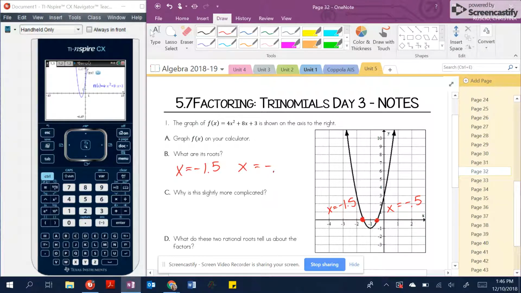What we noticed before is that when we're given decimal roots versus integer roots, the integer roots really help us to factor. So why is this slightly more complicated? Both roots are decimals, but that doesn't stop us.